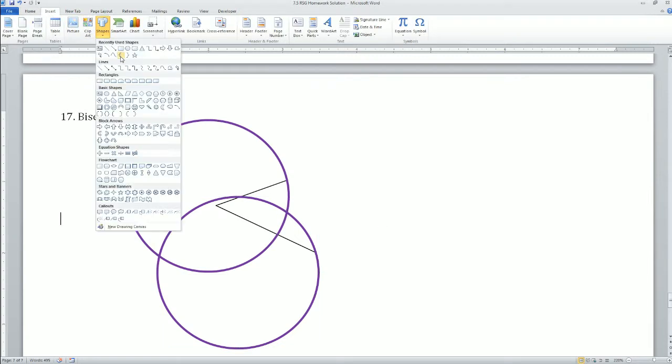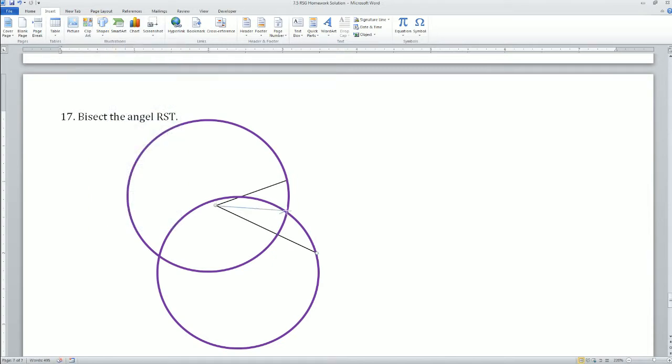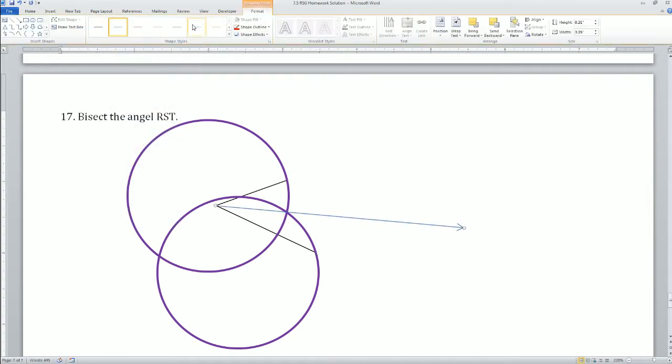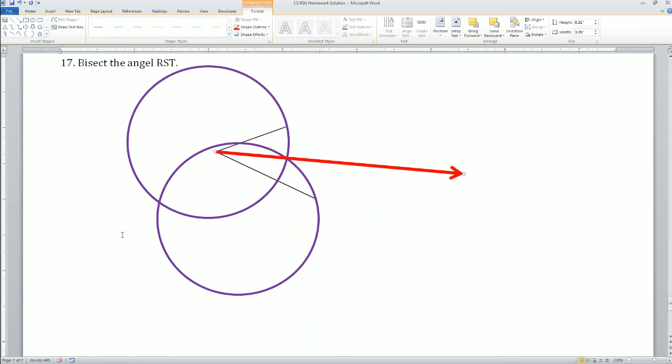So you would draw a ray from the center to this point that cuts through it. You can make that red. You would get 2 equal pieces. Normally, in the book, we see this part. You don't actually see the entire circle. You see the arc. That's where it's coming from. And that's it.